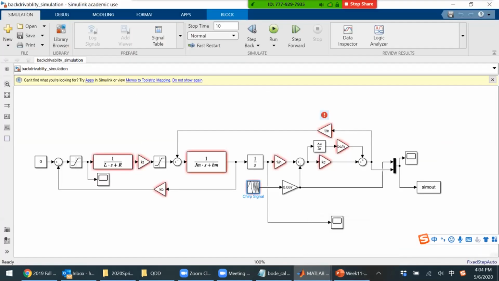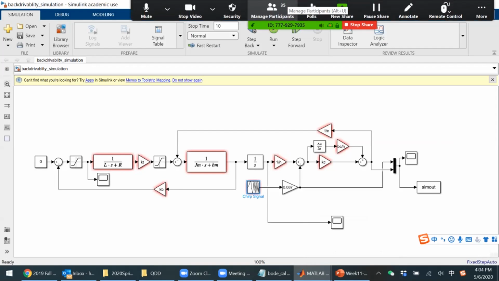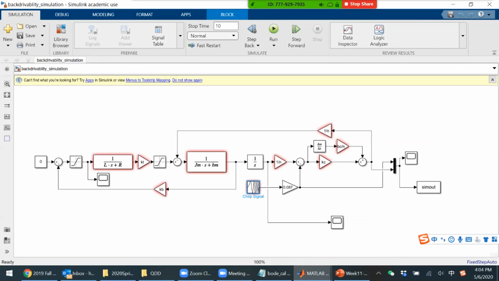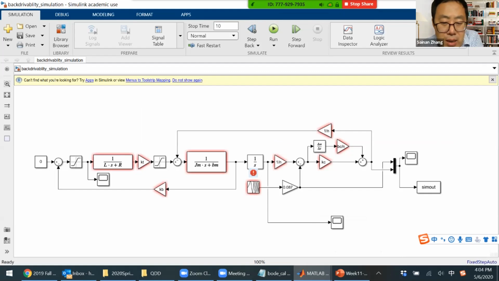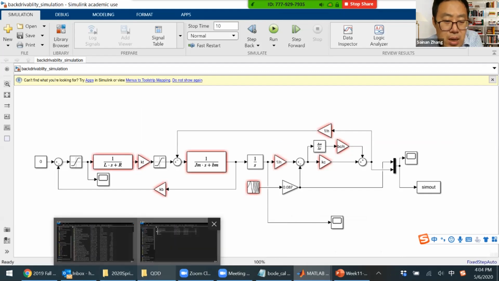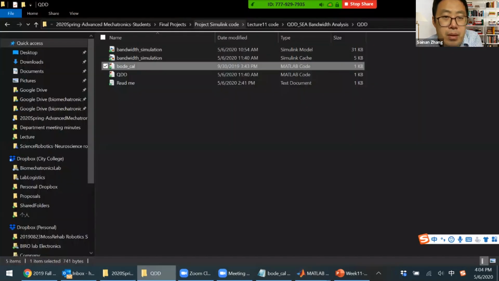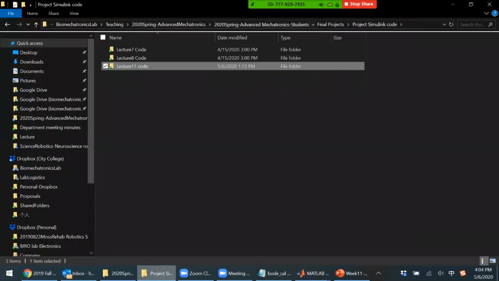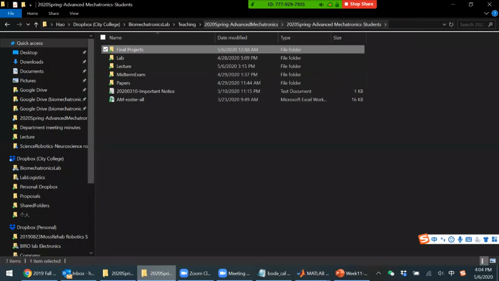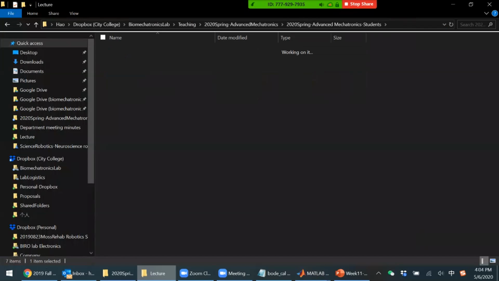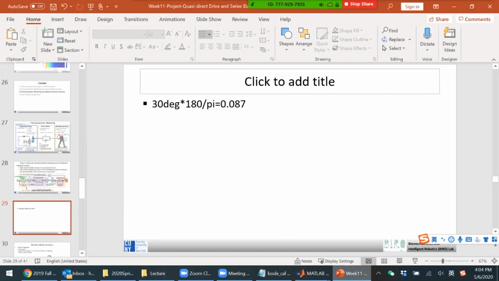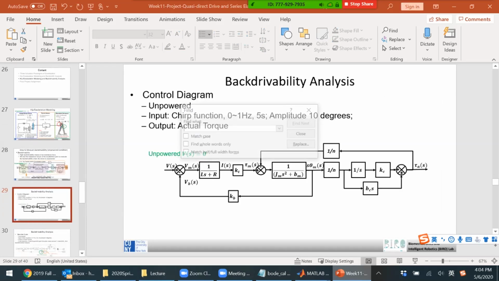I think in one of the slides that you provided, it says 0 to 300 Hertz. Are we supposed to tune that parameter for the reference signal?